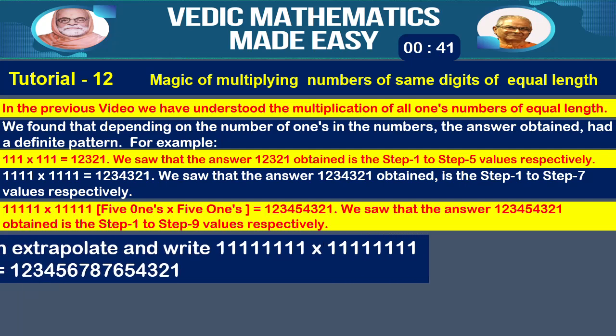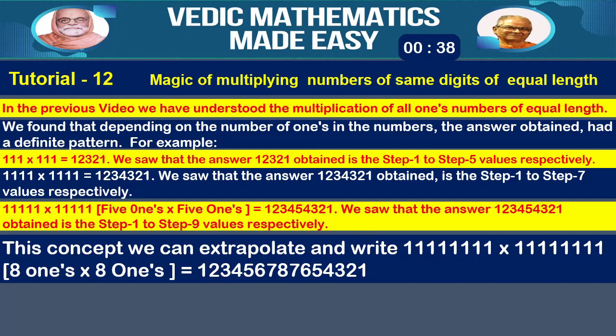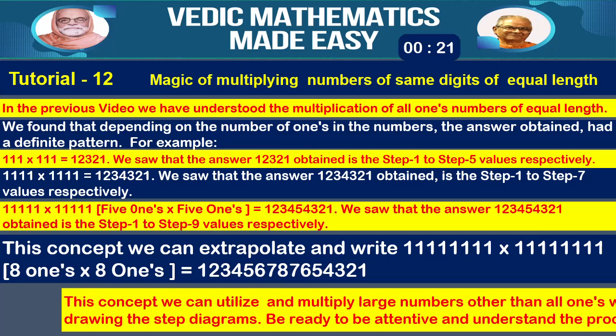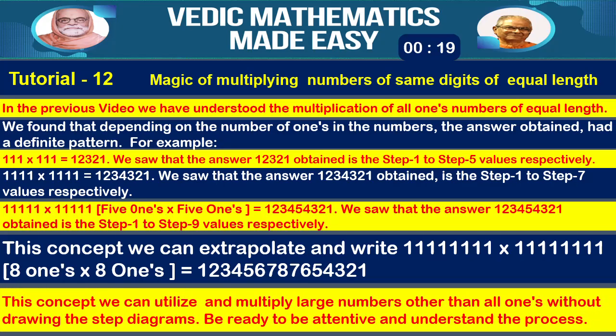This concept we can extrapolate and write 8 ones into 8 ones is equal to 1, 2, 3, 4, 5, 6, 7, 8, 7, 6, 5, 4, 3, 2, 1. Friends, this concept we can utilize to multiply any large number containing the same digits other than ones, of equal length. Friends, be ready and be attentive to understand the wonderful process.